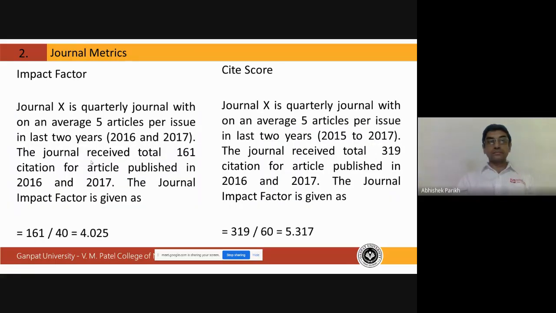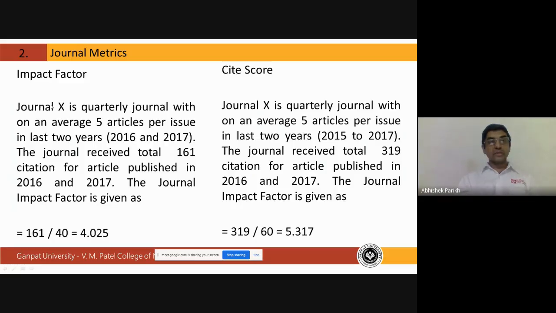Now, same example, only instead of 16 to 17, we'll talk about 15 to 17. The total articles 60, total citations 390, and we can say that the CiteScore is 5.317.